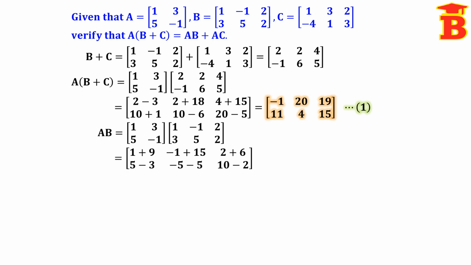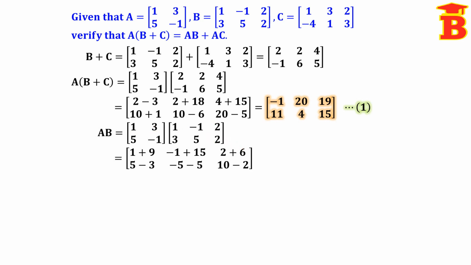Take the first row, multiply the first column. 1 into 1 is 1 plus 3 into 3 is 9. Next first row second column, 1 into minus 1 is minus 1 plus 3 into 5 is 15. Next first row third column, 1 into 2 is 2 plus 3 into 2 is 6.